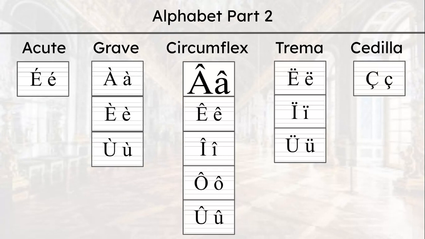So like canoë is not caneux, it's canoë because there are the 2 dots on the E. And then the cedilla, that's the C with the little tail on the bottom. Usually before an A or an O, the C makes a K sound, but now it makes an S sound.